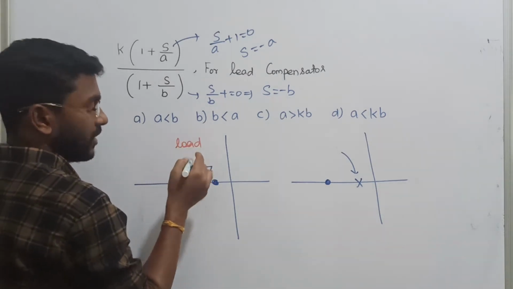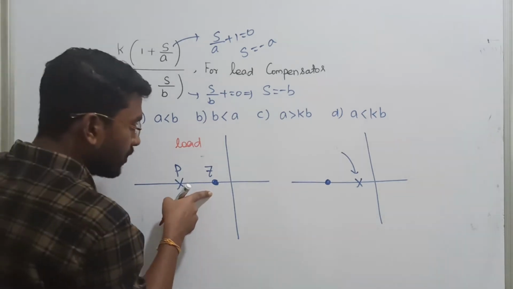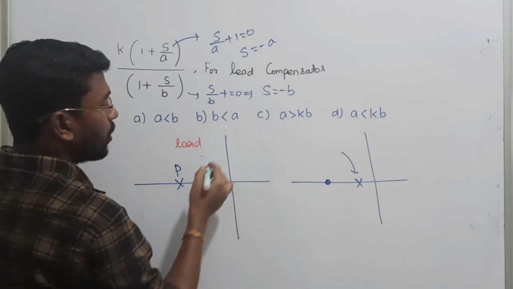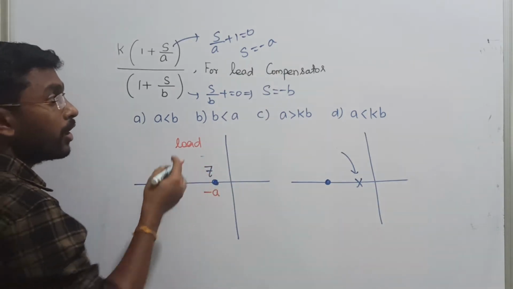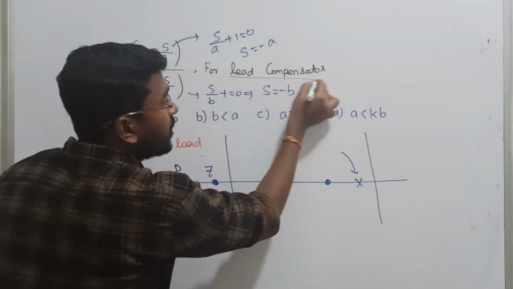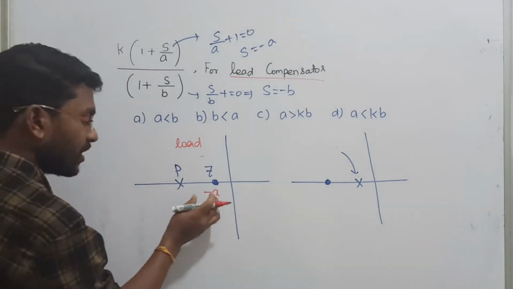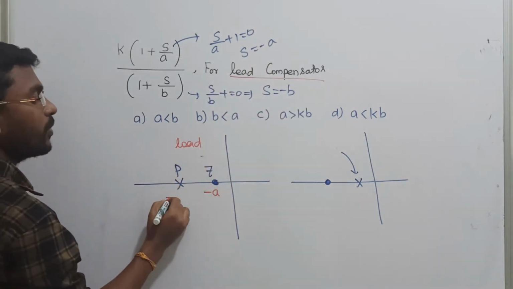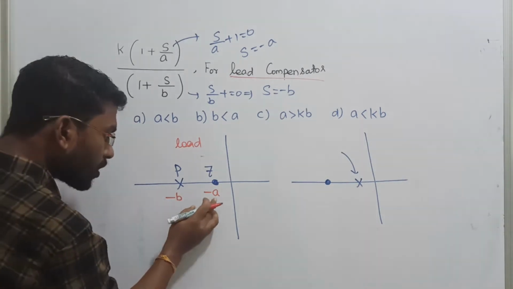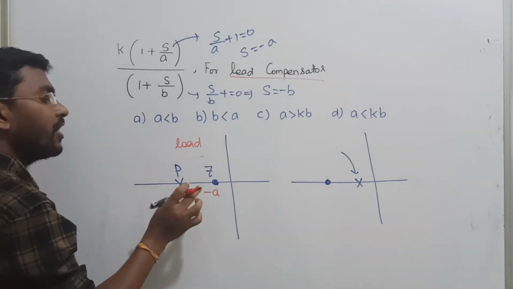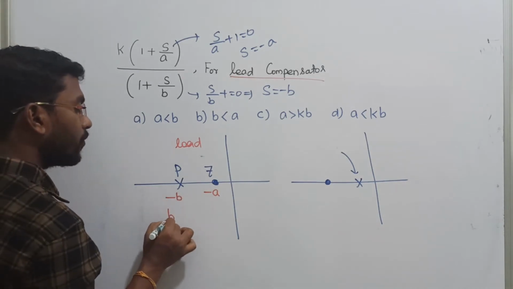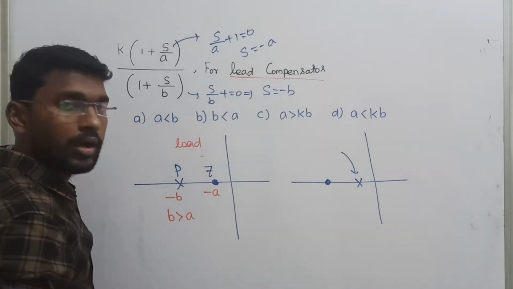Now, in case of a lead compensator, first we should place the zero and then we have to place the pole, right? The zero value is minus a. To design this system as a lead compensator, I have to choose some value. First I place the zero, and then I can place the pole second, such that we have minus a and minus b. If I find the magnitude, definitely the value of b will become greater than the value of a. Are you getting me?